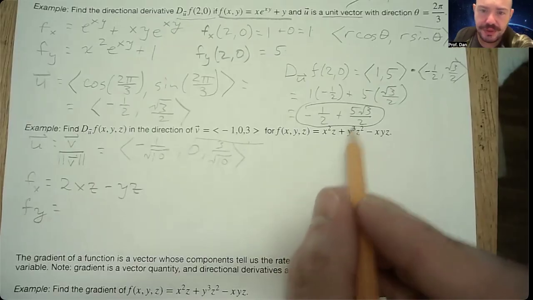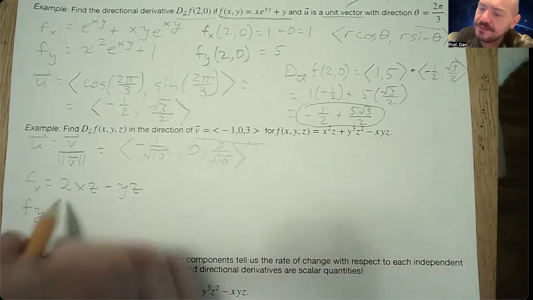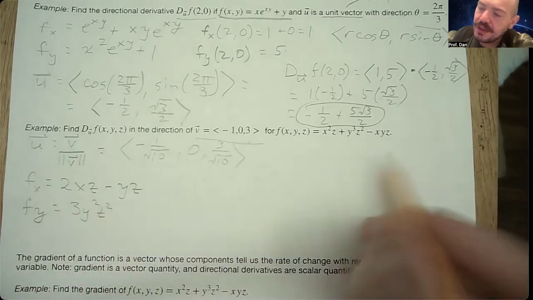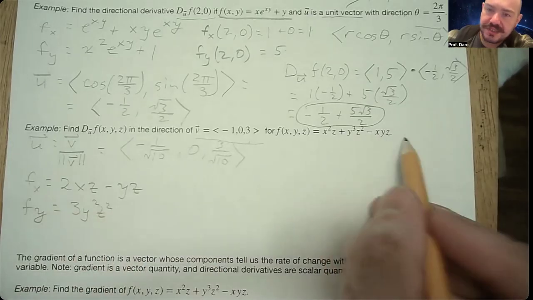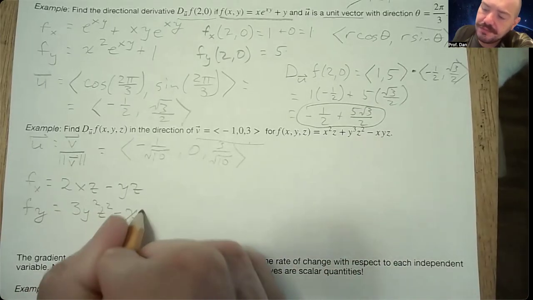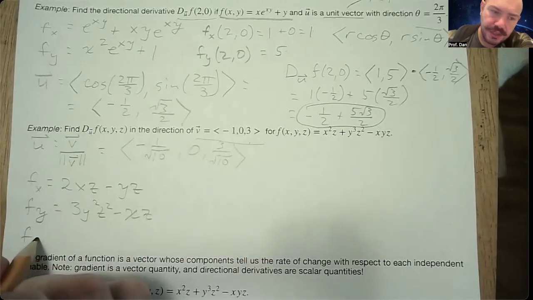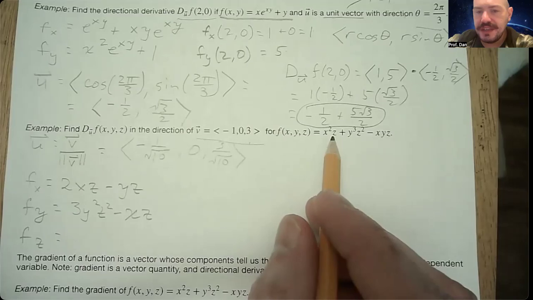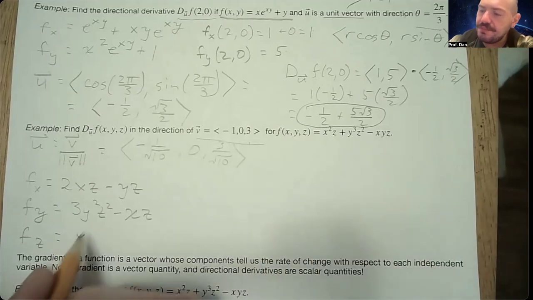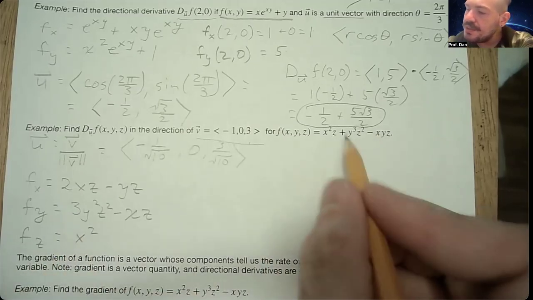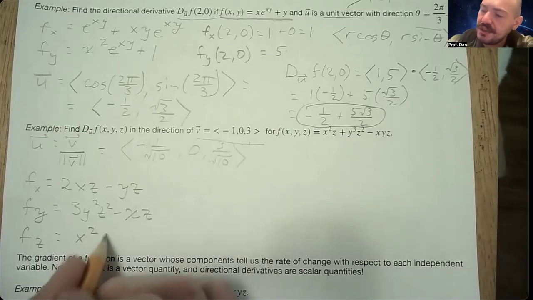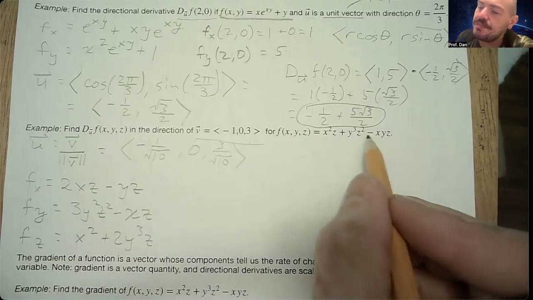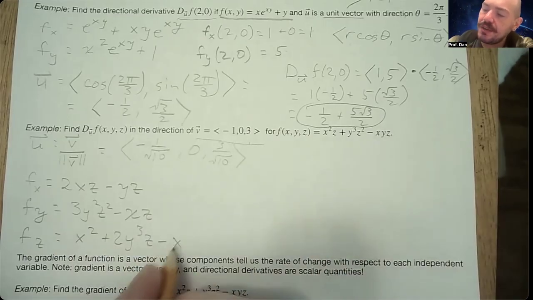Second term, 3y squared z squared. And then the third term, minus xz. And finally, the partial with respect to z: we would get x squared for the first term, 2y cubed z for the second term, minus xy for the last term.